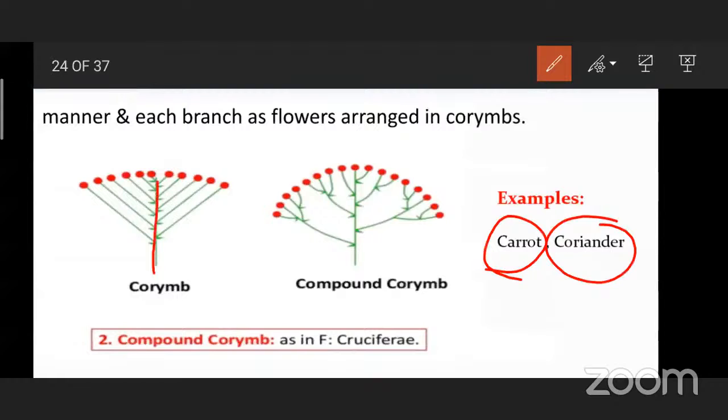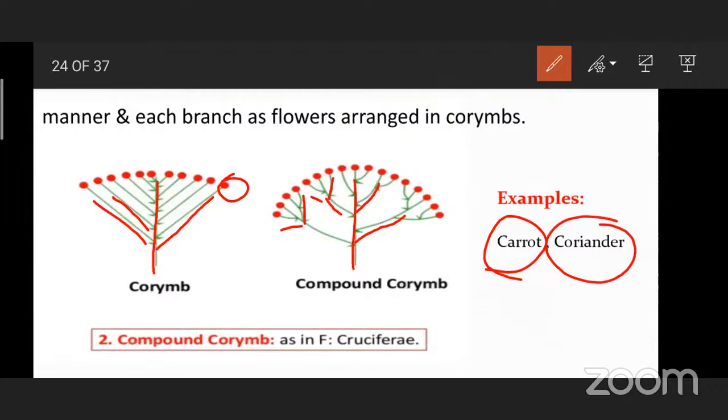See here, this is the main axis. These are the pedicels. These are pedicellate flowers, but the pedicels are of different lengths. This is the axis. They branch again to form pedicellate flowers.